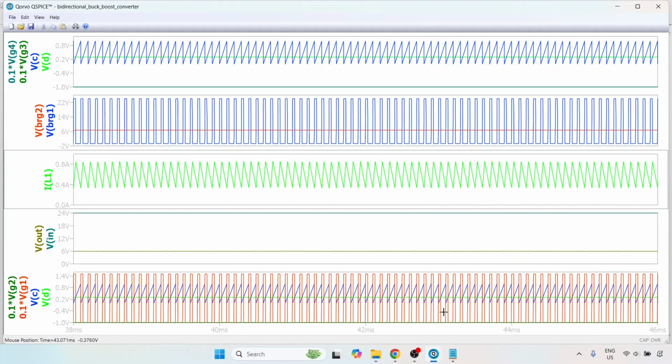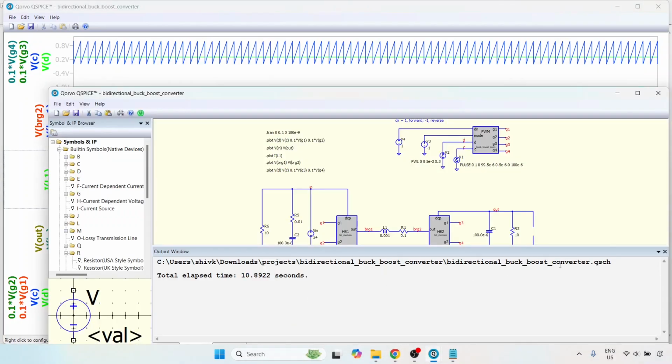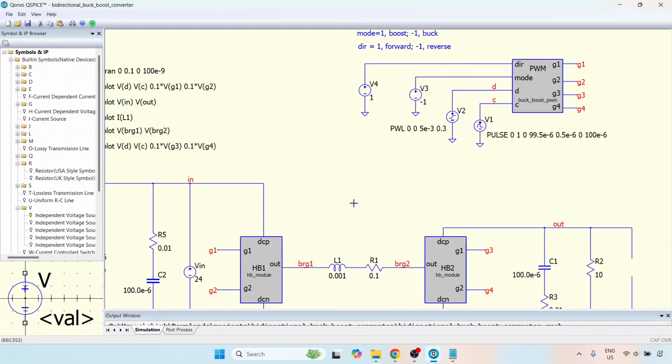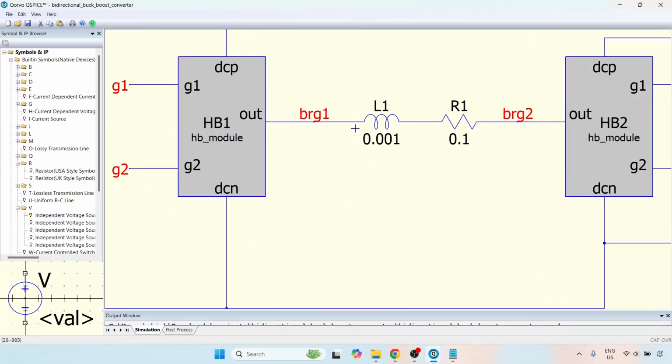But whenever you see a current, it is always advisable to go and verify the direction from the schematic. So I'm just going to pull this down and come over here, and for that let us hover over one of the terminals. You see here the current IL1 is positive, which means that the current entering the terminal is the positive current. And if you hover over this, you will see exactly the opposite.